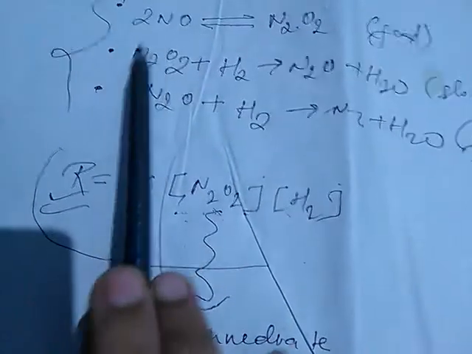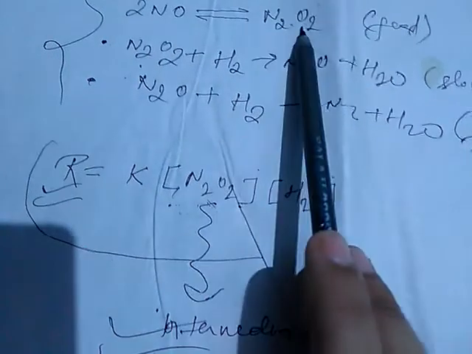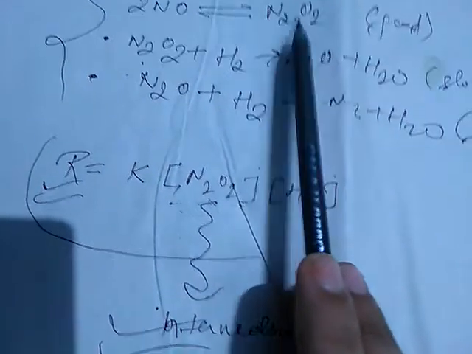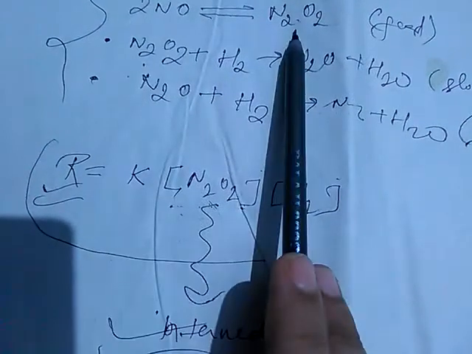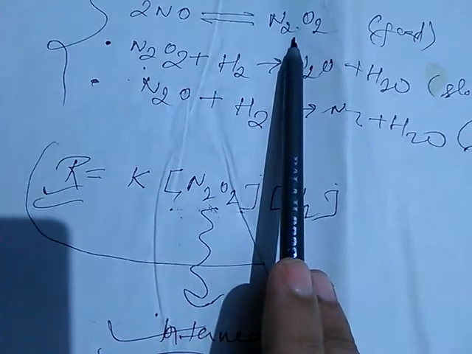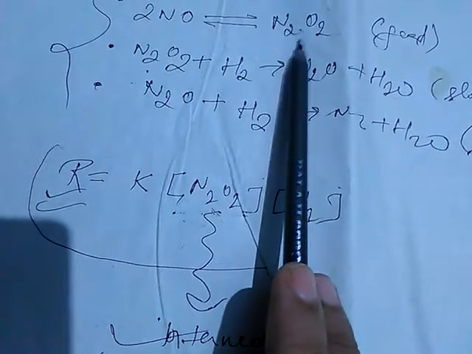Now for removing this intermediate, we will take the help of this fast reversible step. The step which is fast and reversible will help in removing this intermediate. So from that step, we will write the rate law once for the forward reaction, and since the reaction is reversible, we will write another rate law for the backward reaction.